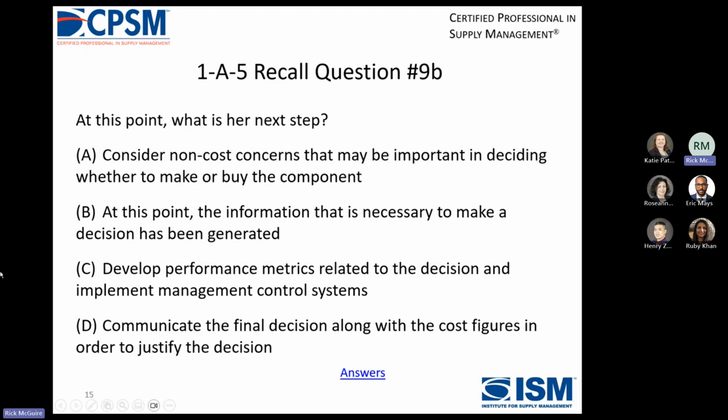Any guesses? The way this question is structured, you don't want to implement a final decision. D? I don't think you want to implement a final decision here. Or A?